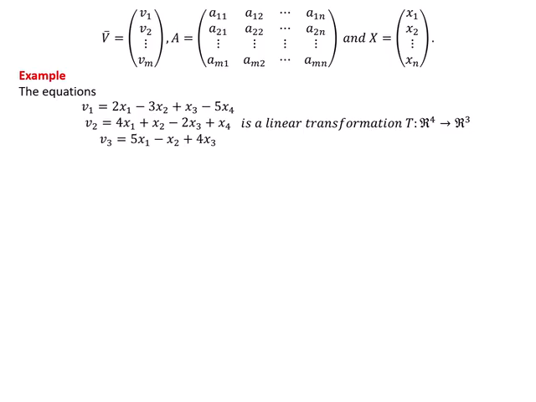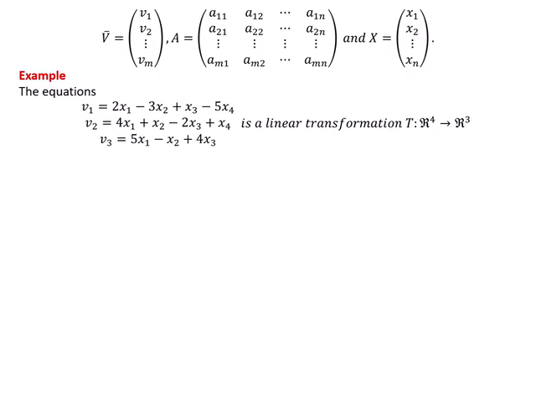And your X is a vector x1, x2 up to xn. We want you to establish that this particular example is a linear transformation. So you combine them and establish that for us.